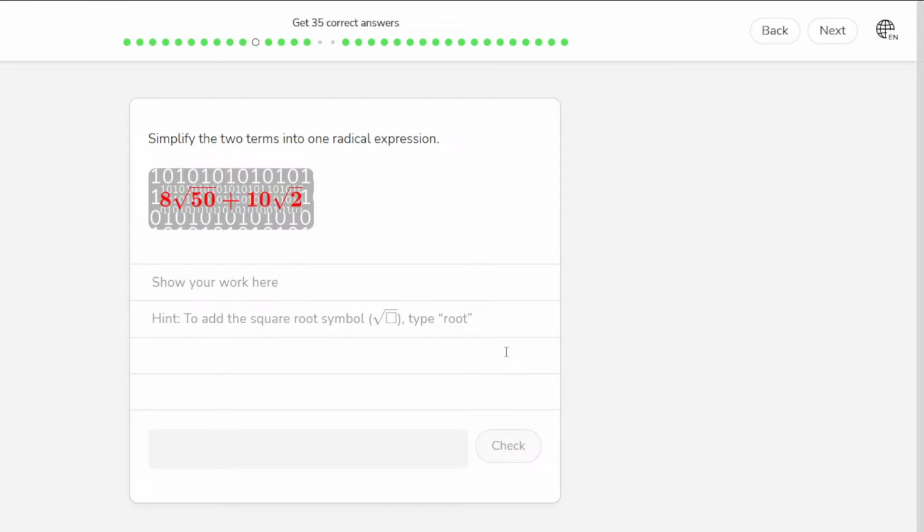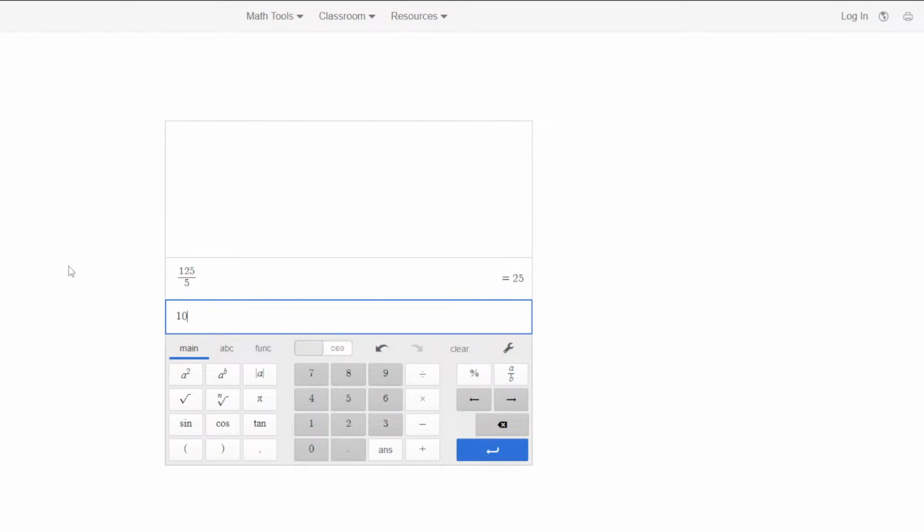8 times the square root of 50 plus 10 times the square root of 2. 4 times the square root of 25 times 2. No. 8 times the square root of 50 plus 125 times the square root of 50. Oh no, 250.